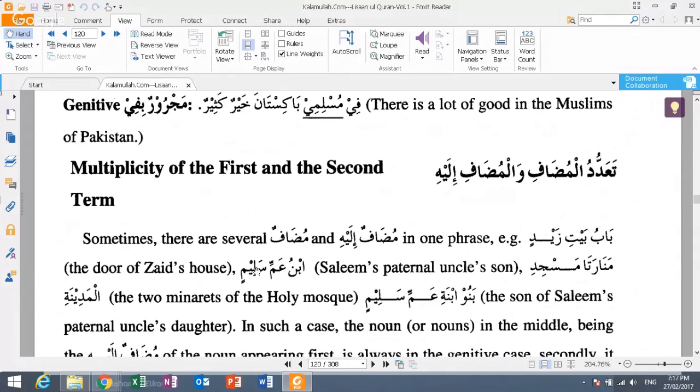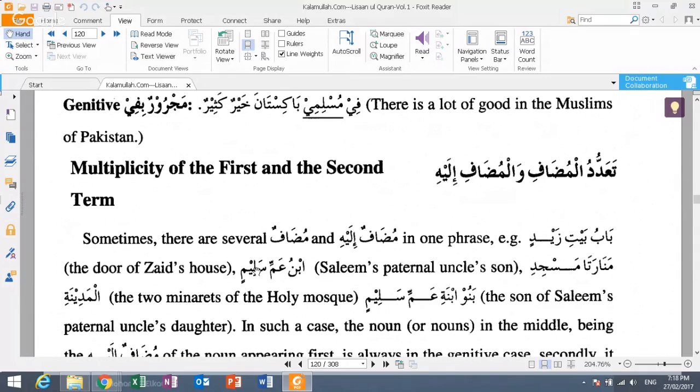Simple. So now we are going to ascribe this Yawmi to another noun, to a third one, like ad-din: Maliki Yawmid-din. So we are ascribing one noun to another noun. The second noun that was mudaf ilayh is now going to be mudaf for the third one. So that's called chain of idafa, ta'addudul mudaf.